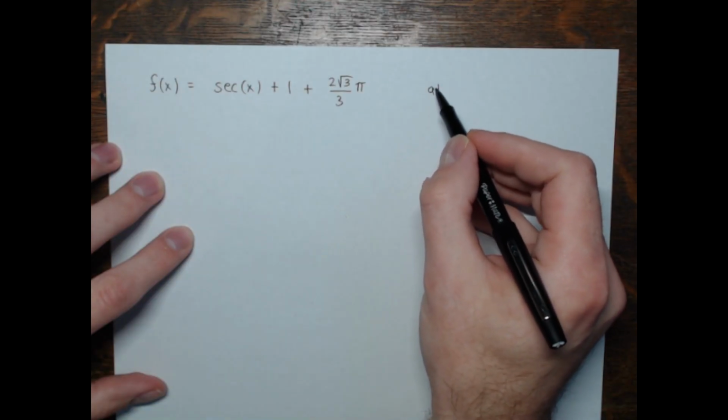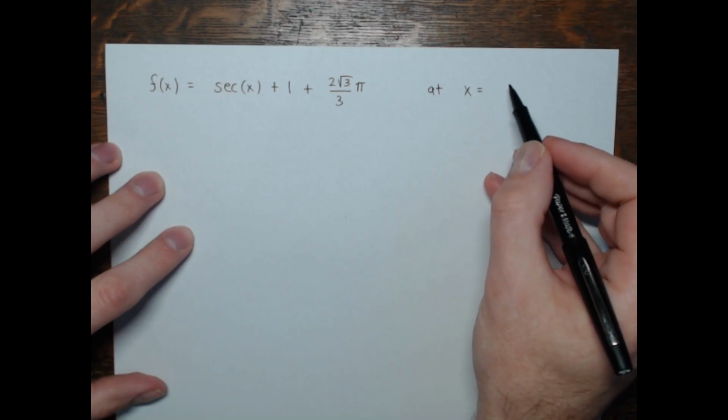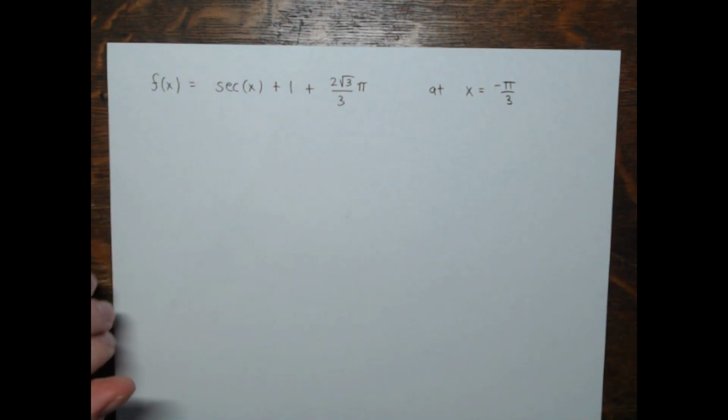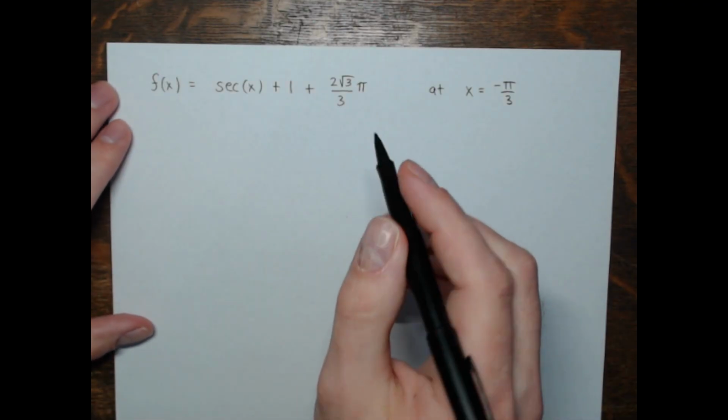And at the point where x equals negative pi over 3, or -60 degrees if you remember degrees, but we're going to stick to radians.